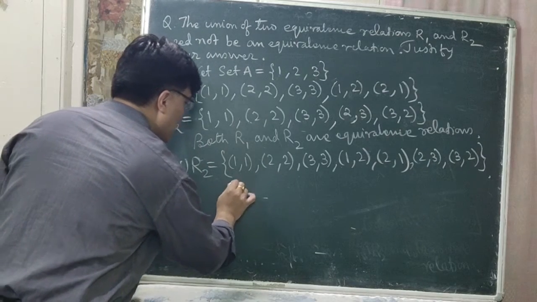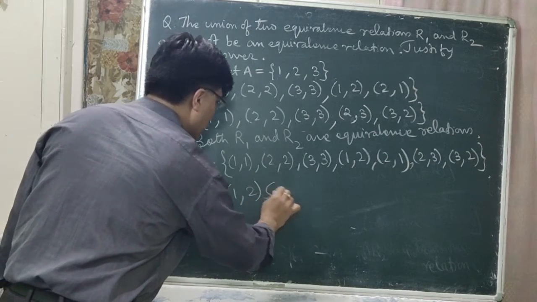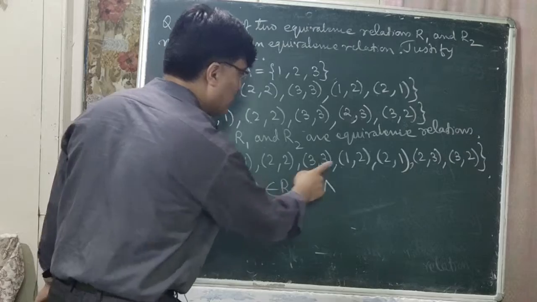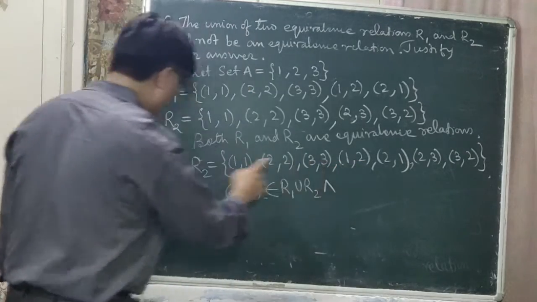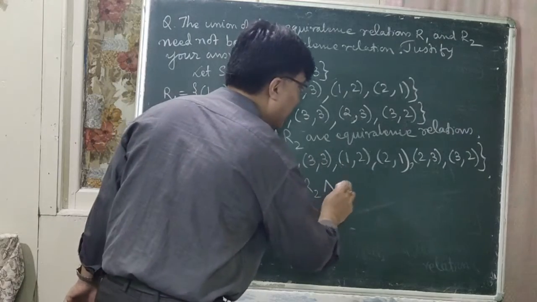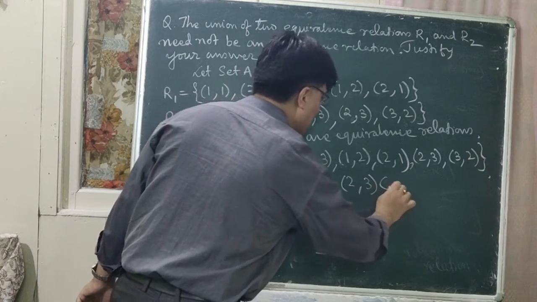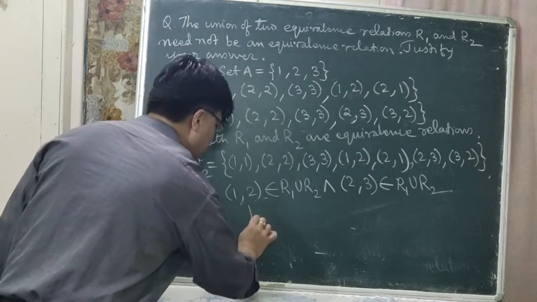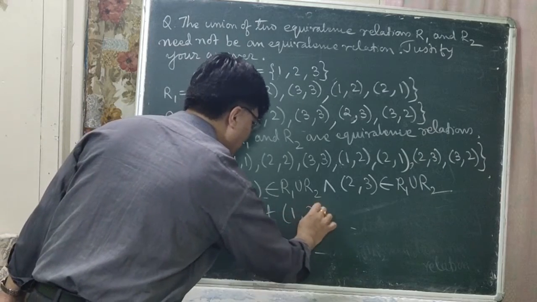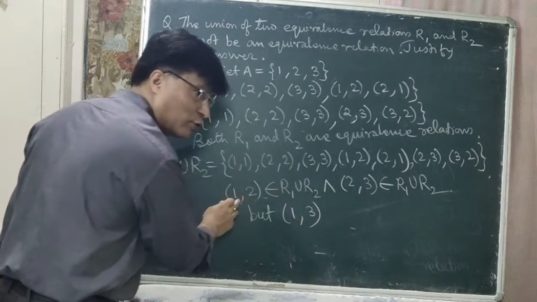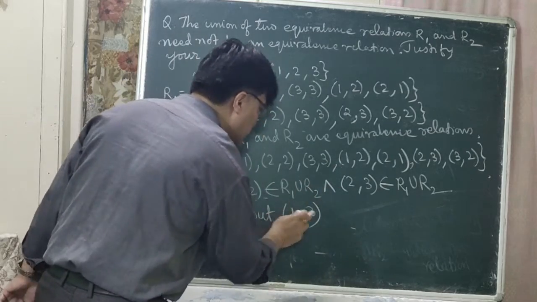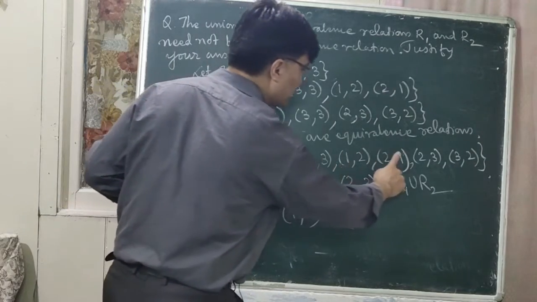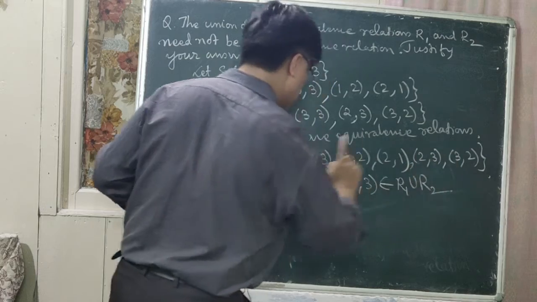Since (1,2) belongs to R1 union R2, and (2,3) belongs to R1 union R2, does (1,3) belong to R1 union R2? R1 union R2 contains (1,2), (2,1), (2,3), (3,2); (1,3) is not there.